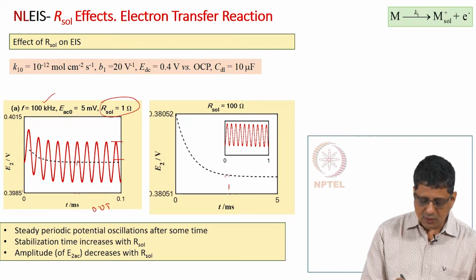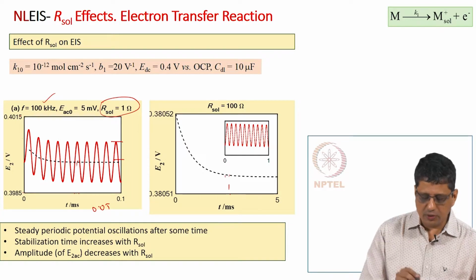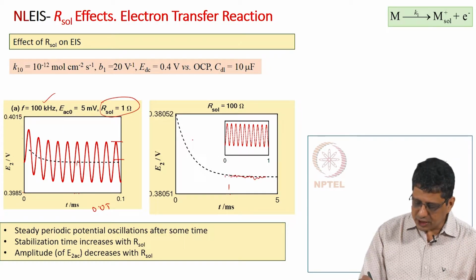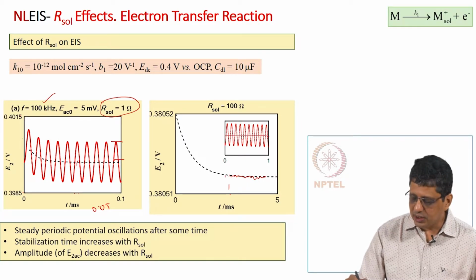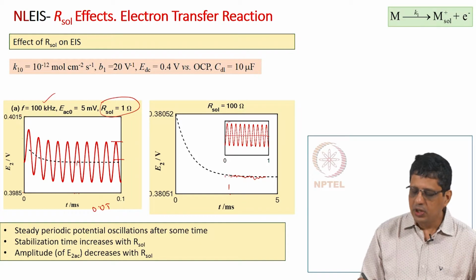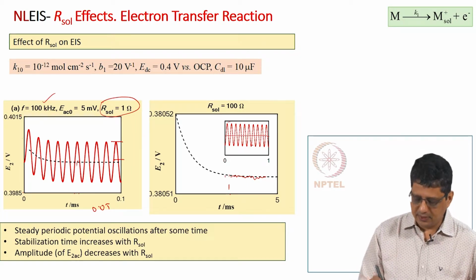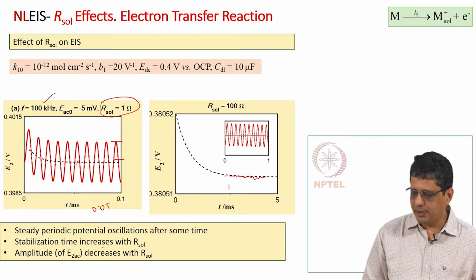This oscillation is going from 0.3985 to 0.4015, this goes from 0.38051 to 0.38052, it means in fact it is much smaller than this scale. I just showed you the average here and the oscillations are shown in the inset. So, when you increase the solution resistance, the current oscillations are smaller, that is expected also.